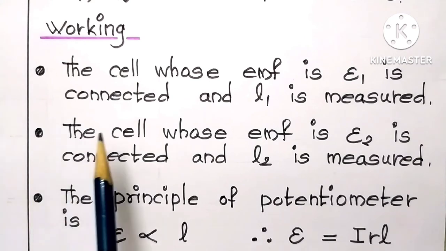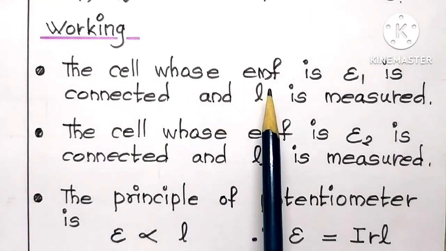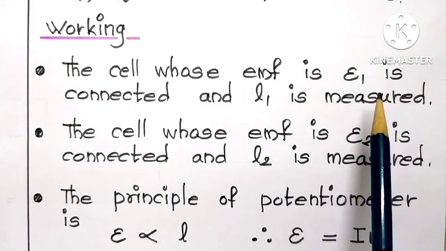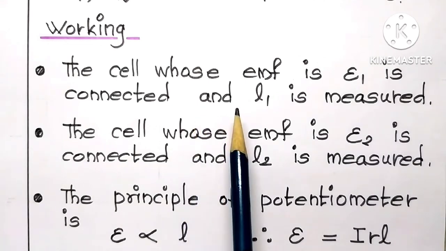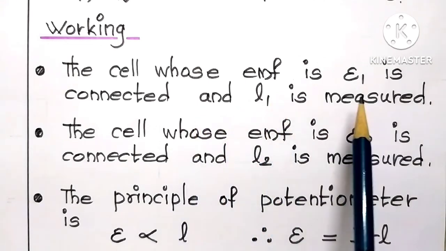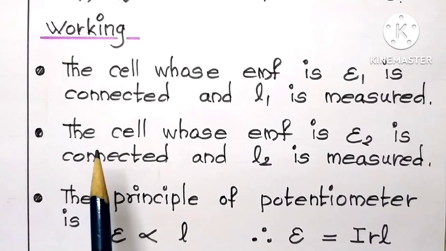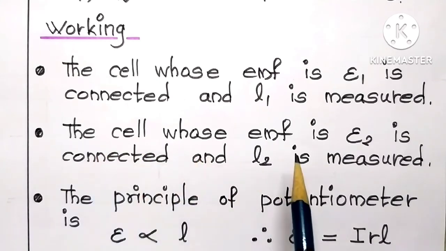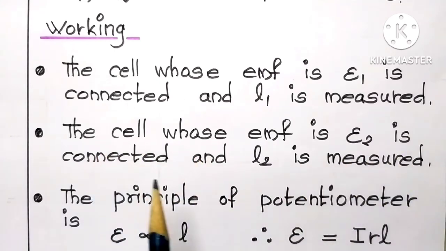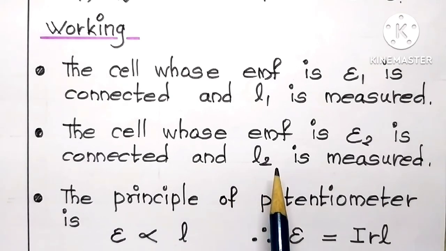Working: the cell whose EMF is E1 is connected and the balancing length L1 is measured. Similarly, the cell whose EMF is E2 is connected and the balancing length L2 is measured.